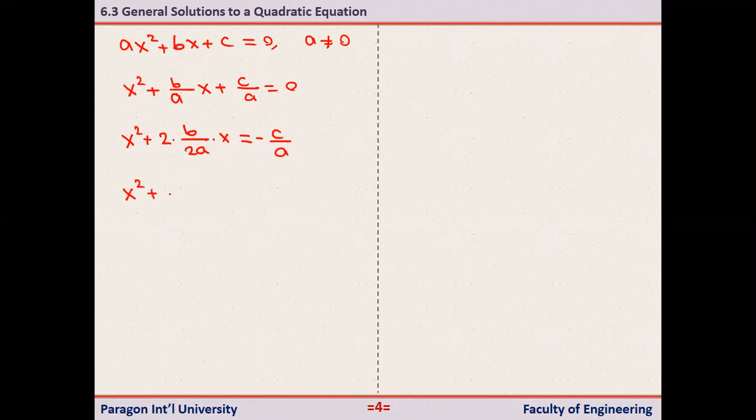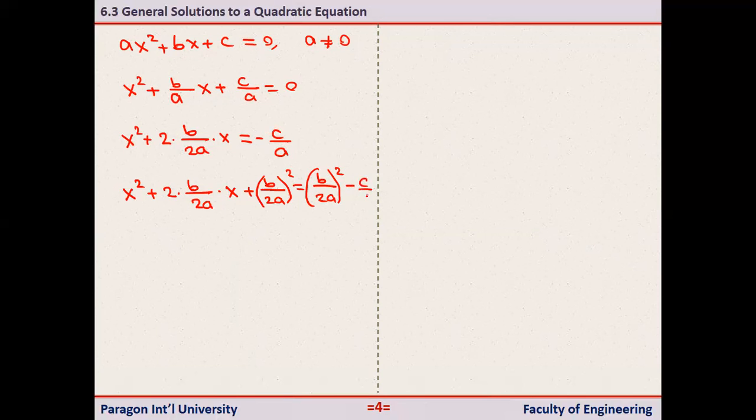x squared plus 2 times b over 2a times x plus b over 2a squared. And how about here? We have b over 2a squared, right? And so we have minus c over a.